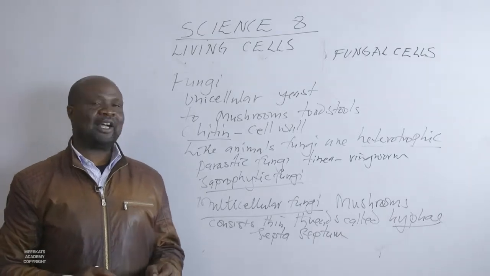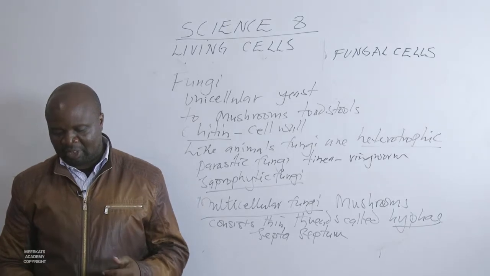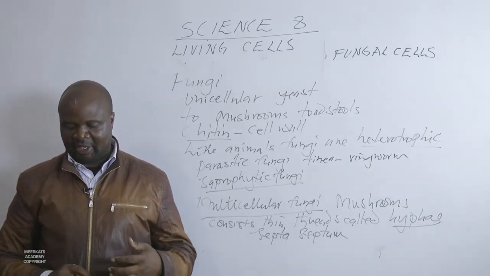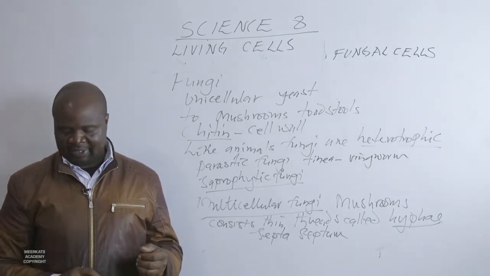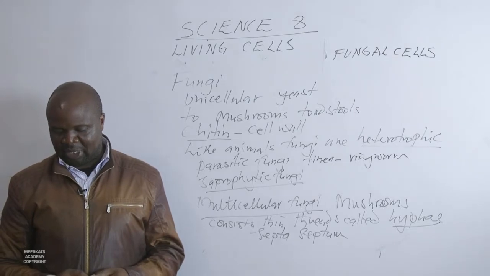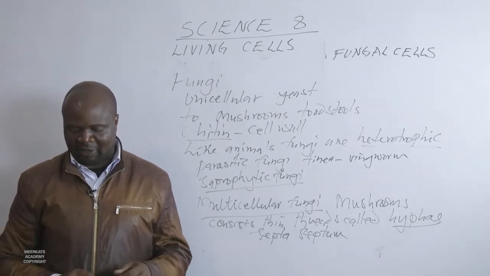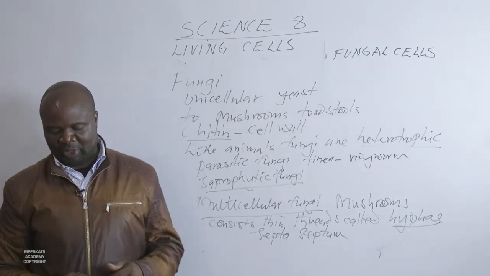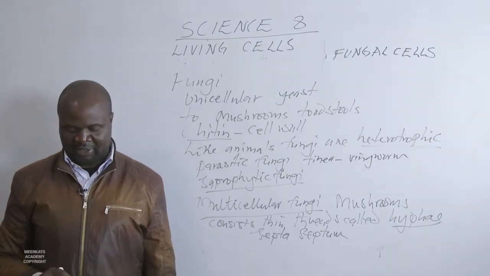These multicellular fungi called the mushrooms consist of thin threads called hyphae. Some have cross walls called septa that divide the threads into cells, while other fungi do not have septa. They have cytoplasm that is continuous with the mass and hundreds of nuclei. We have the nuclei within them.